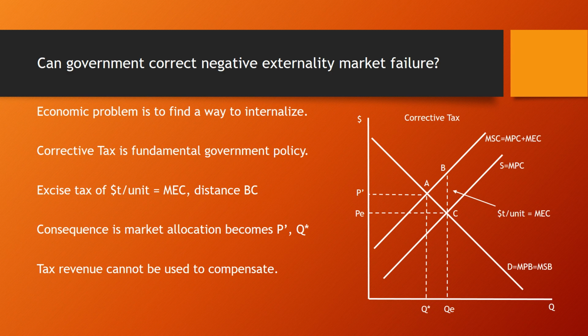One idea in this regard is that if compensation is paid from the corrective tax revenue, one consequence would be, at the margin, some people would, quote, come to the external cost rather than seek to avoid it. At the margin, this would result in an inefficiently large number of people bearing the external cost.